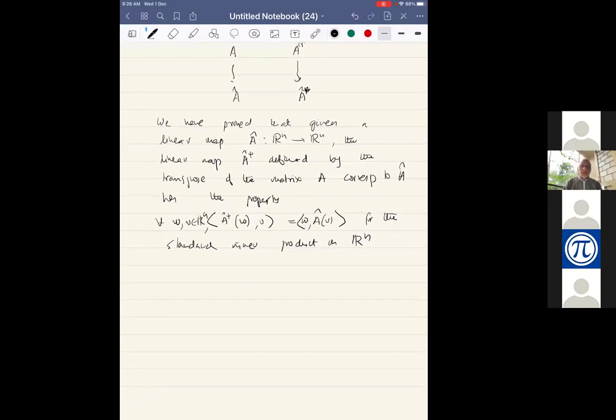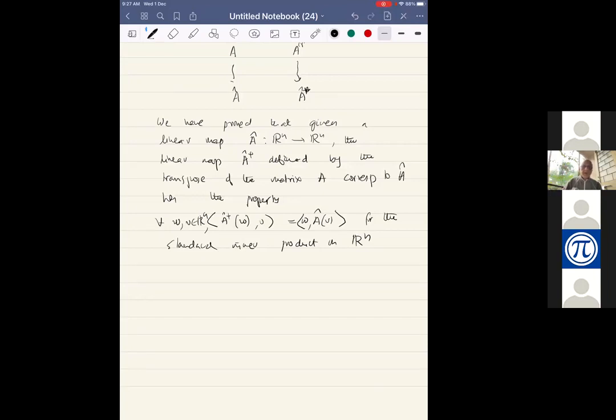Okay, so at least for the standard inner product of Rn, there exists a map that associates to every A hat an A hat dagger, and it is also clear, by the way, that this is a linear map, because taking the transpose of a matrix is linear, and going from a linear map to a matrix is a linear map from L(V) to n by n matrices.